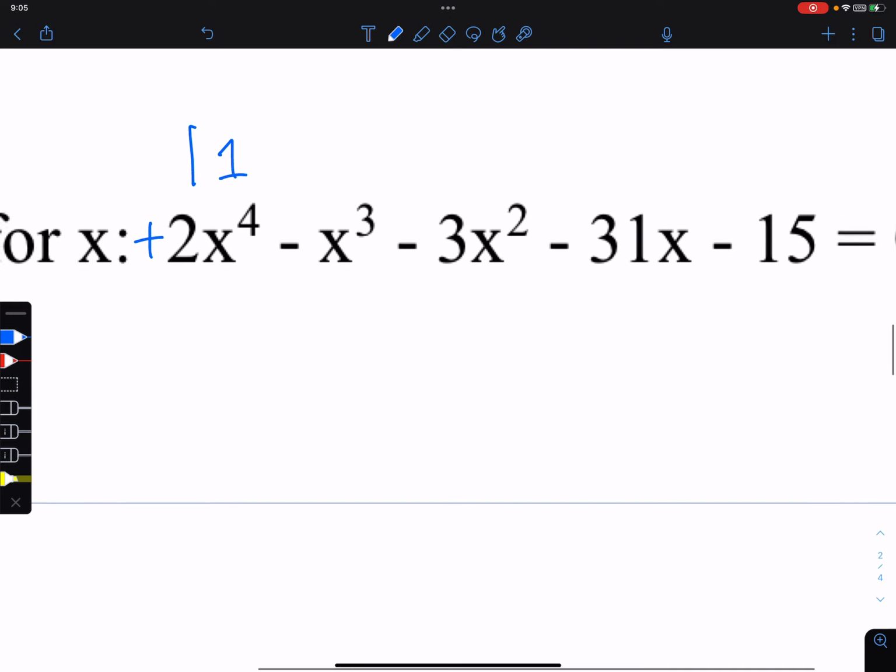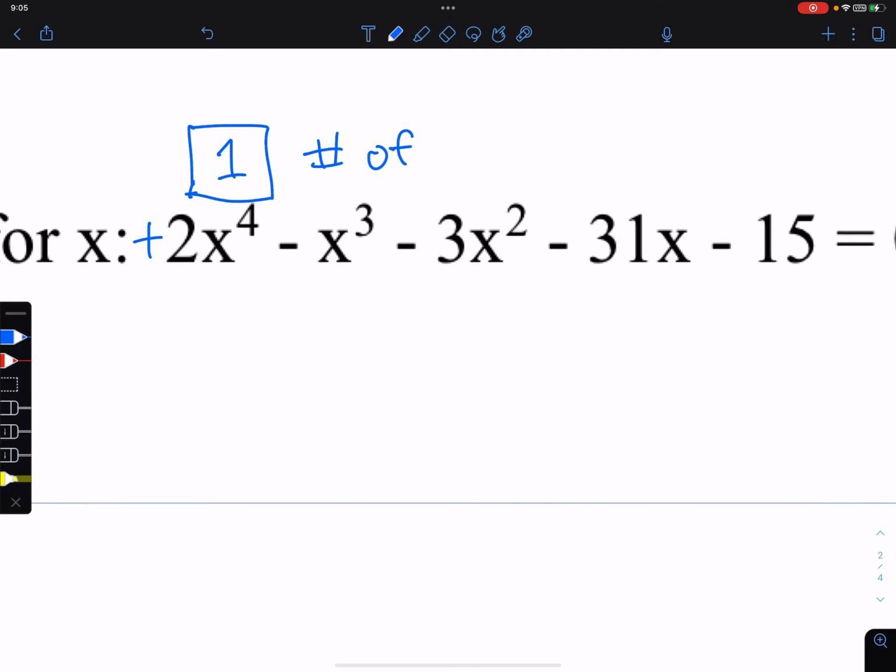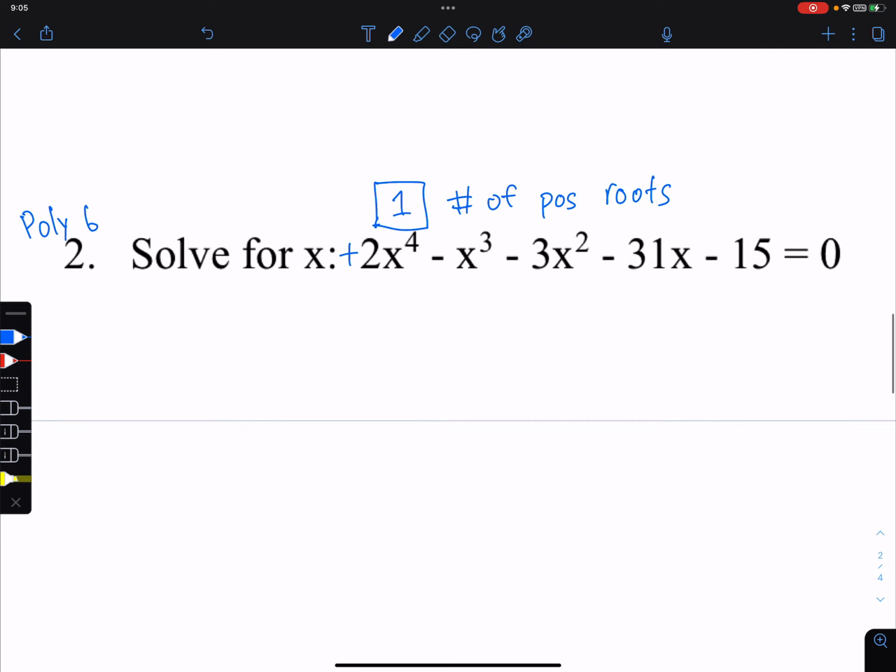This 1 actually represents the number of positive roots. So there are 4 possible roots in this equation, and only one of them is positive. So where should you be looking? If you want to find them, normally there's a 3 out of 4 chance it's going to be a negative.